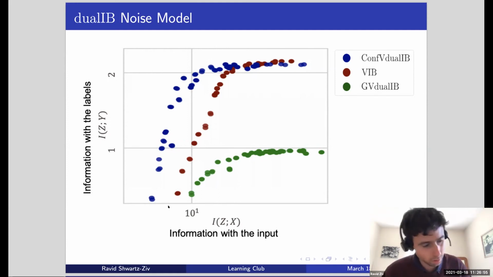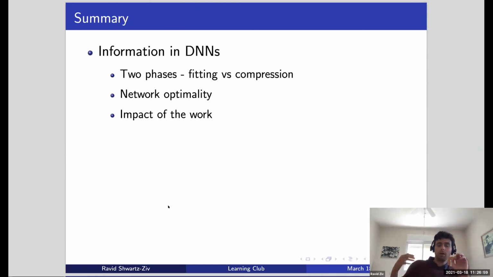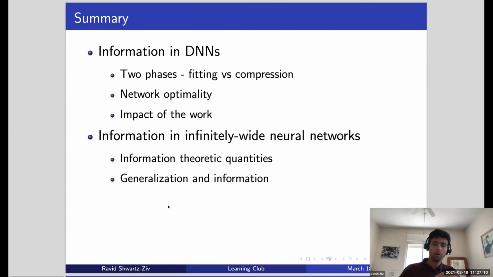Okay, I'm almost out of time, so I want to summarize. We talked about information in deep neural networks. We saw these two phases, fitting versus compression, and we talked about information in infinitely wide neural networks. We derived many information theoretic quantities and looked at generalization versus compression in this framework.